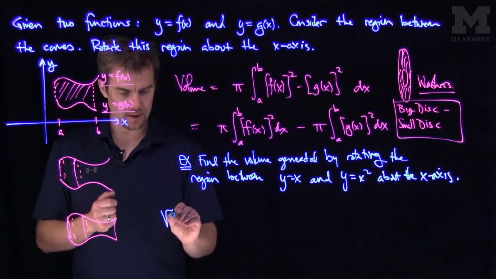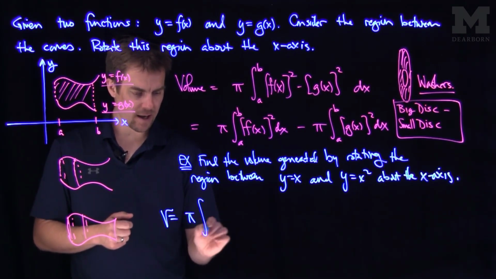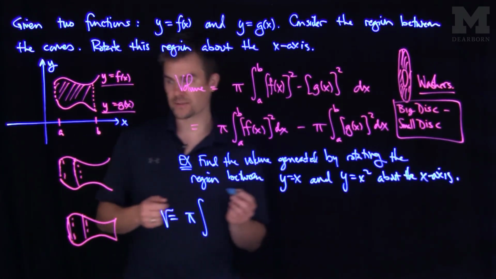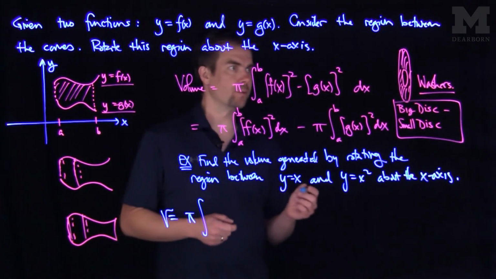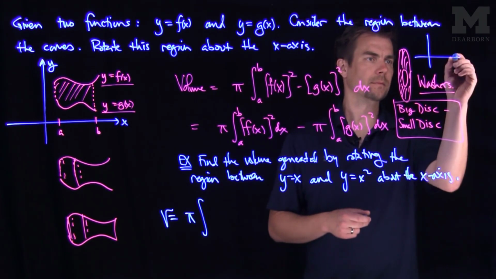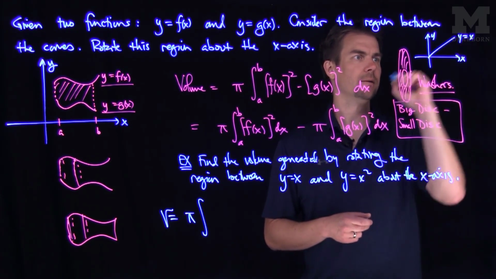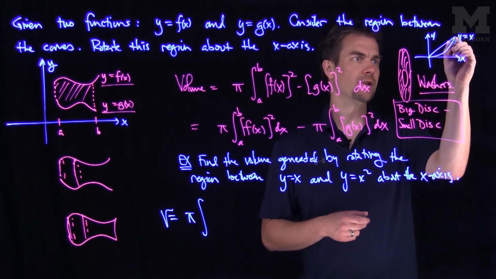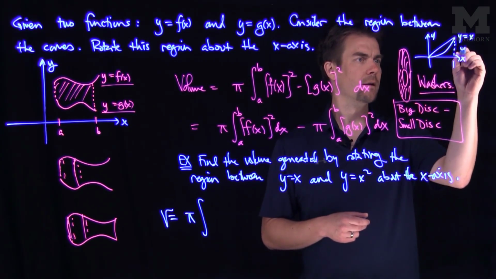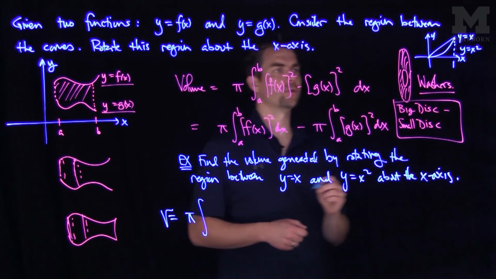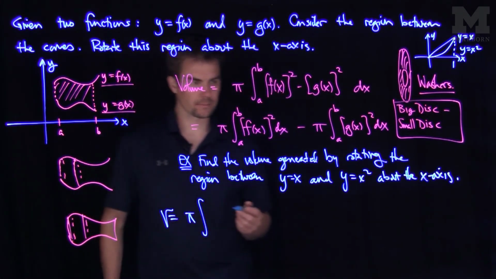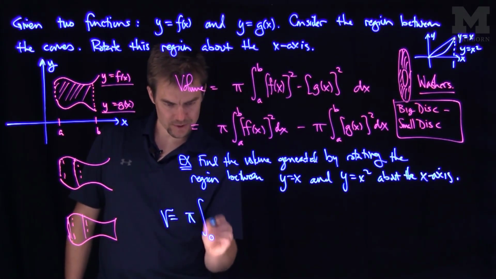The washer method tells you the volume is going to be pi, the integral from, we have to get a sense of what this region looks like. So there's my x-axis, there's my y-axis, there's y equals x, that's a straight line. And y equals x squared is underneath that straight line when x is less than 1. So we're going to integrate from 0 to 1.